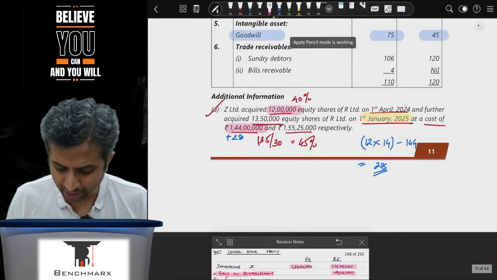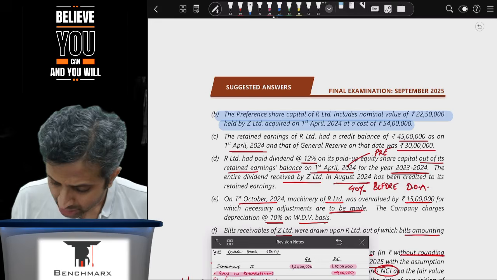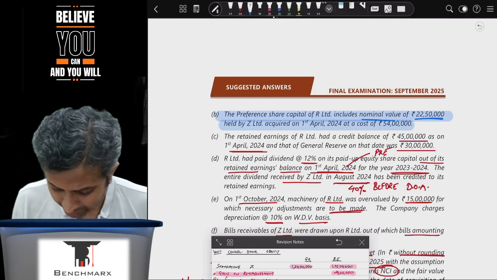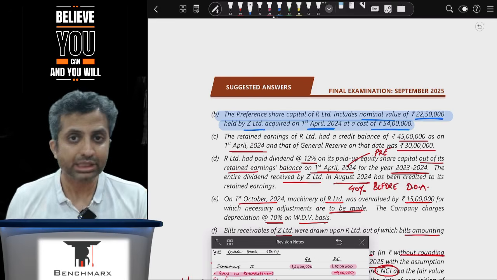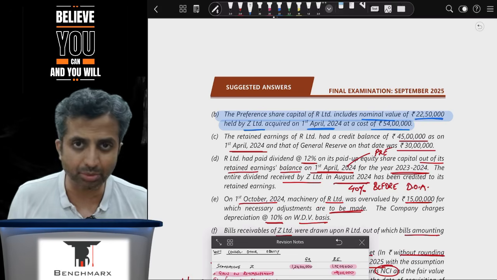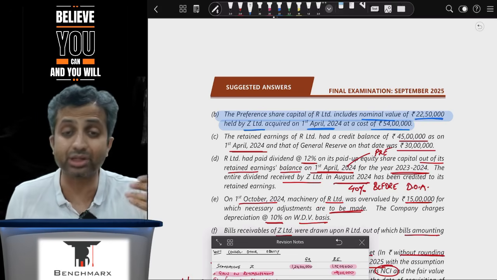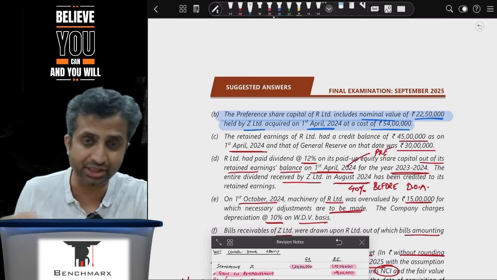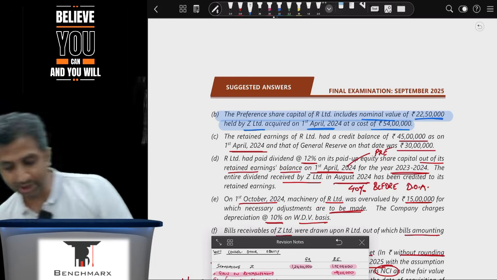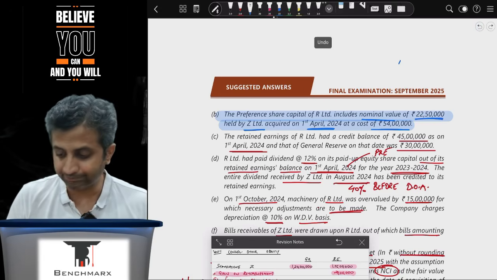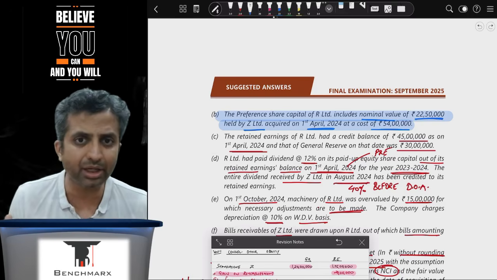Before we proceed further, when you look at this adjustment, preference share capital of R includes nominal value of 22.50 held by Z, acquired on 1st April 24 at a cost of 54 lakhs. So what they have said is that these are intercompany preference shares, so they need to be eliminated. However, they will not create a goodwill for something which is worth 22 lakh 50 of the subsidiary. The parent has ended up paying 54 lakhs, and as a result, there would be a difference of around, maybe, 31.50.